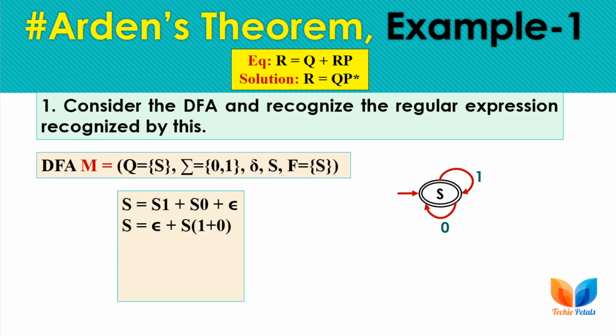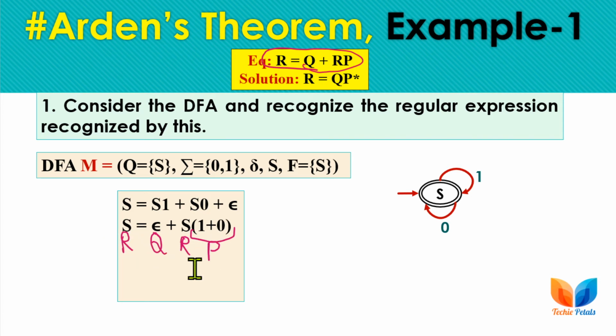Now if you check carefully and compare the equation formed with this expression, it is forming Arden's equation, where S is R, this null is equal to Q, and this S(1 0) has P equal to 1 plus 0. So this is forming the complete Arden equation.